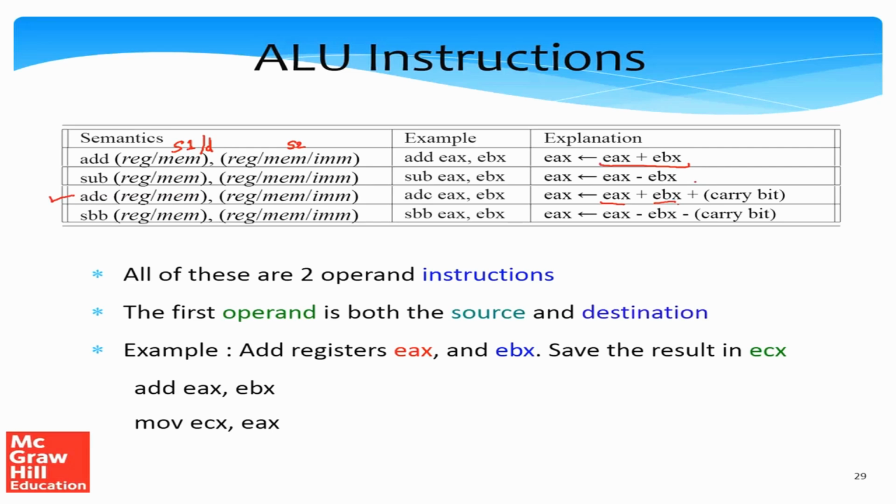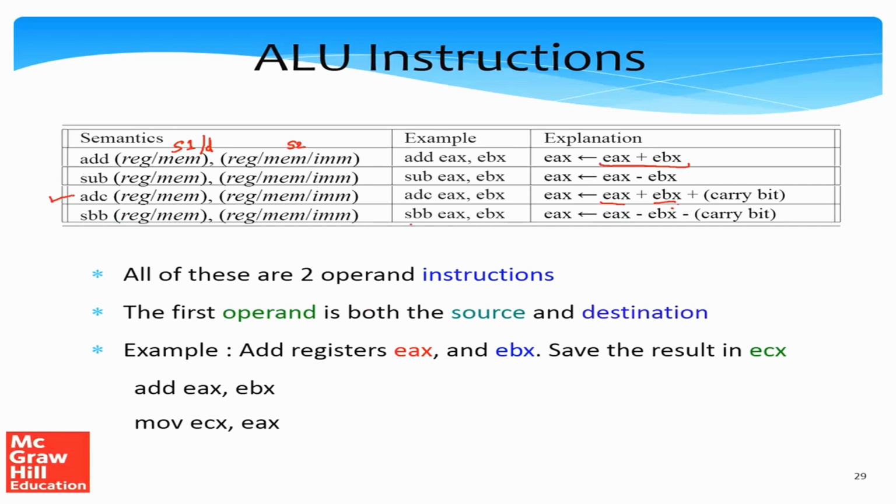We can add a pair of numbers, then the carry bit can be saved and used in a future addition. So that's the reason this particular instruction is EAX plus EBX plus the value of the carry bit. So SBB the same thing. The ADC is add with carry and SBB is subtract with borrow.